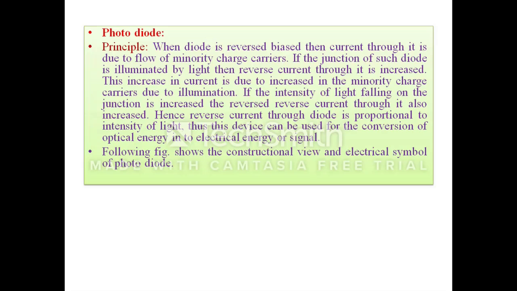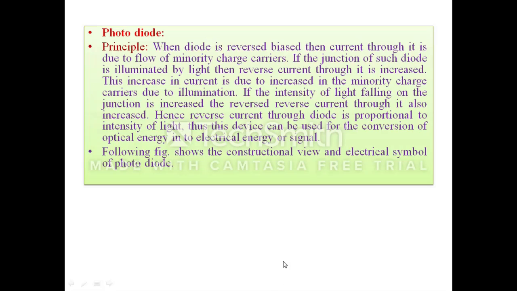If the intensity of light falling on the junction is increased, the reverse current through the diode increases. Hence, the reverse current through the diode is proportional to the intensity of light. Thus, this device can be used to convert optical energy into an equivalent electrical signal.